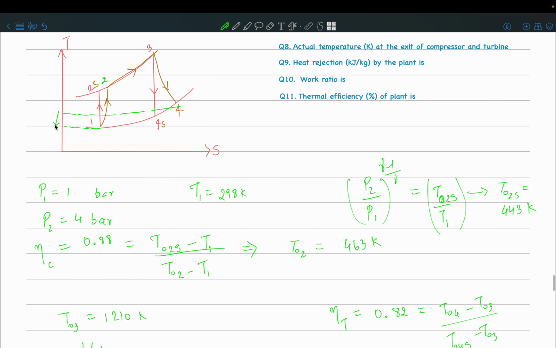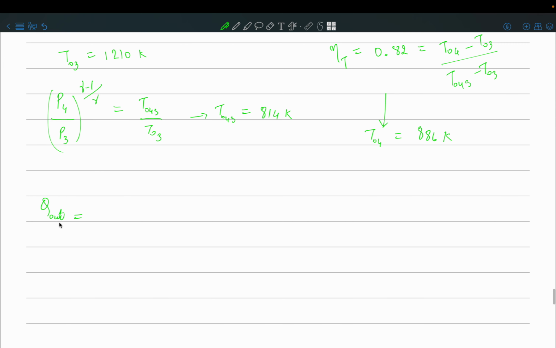So this is the final change in temperature. So the heat rejected is going to be Cp into T4 minus T1. So this is T04 minus T01 actually. If you just plug in all the values, and the value of Cp is also given, this is going to be 590 kilojoule per kg. Okay.